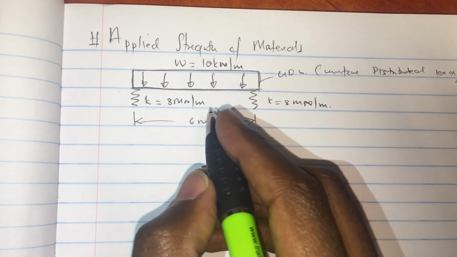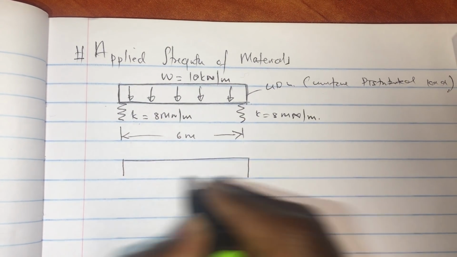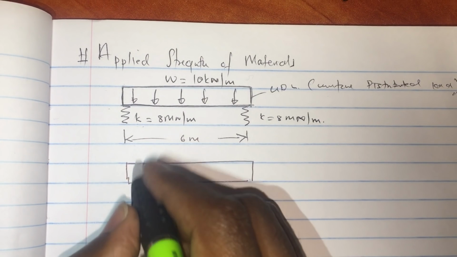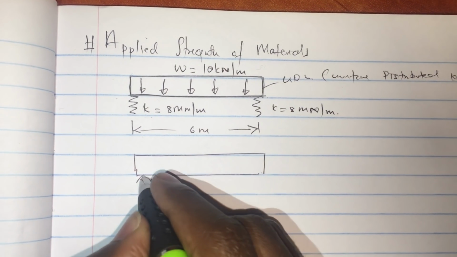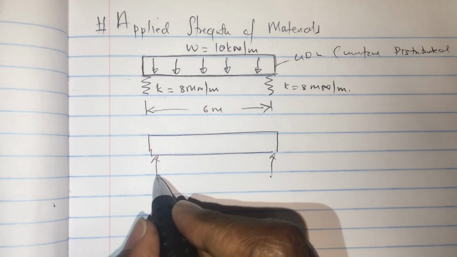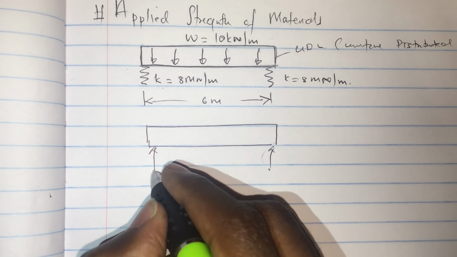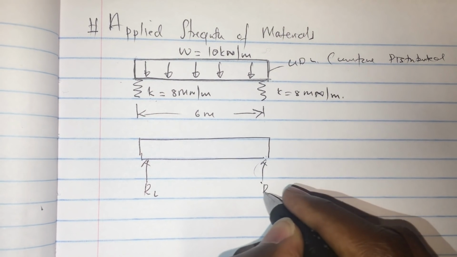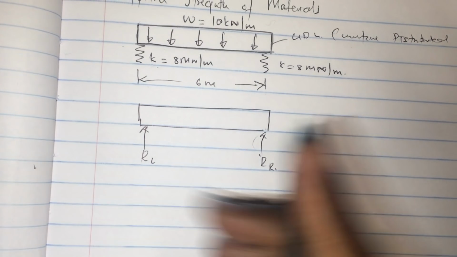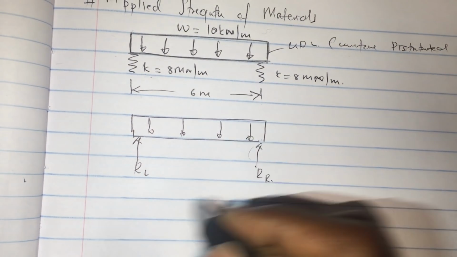So let's work the system together. Let's redraw the system. We assume that we take this as if it's simply supported. The reaction forces that this beam is going to experience, let's call them RL and RR. We need to determine these reaction forces.